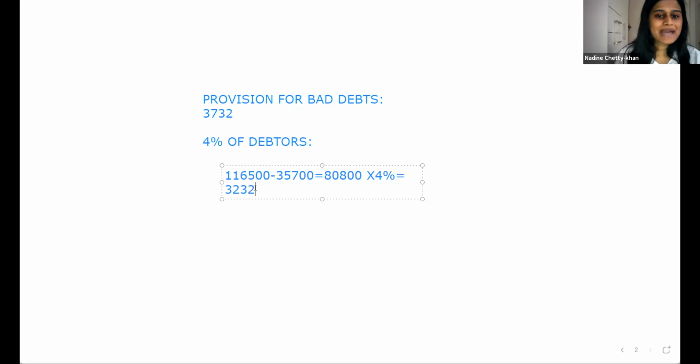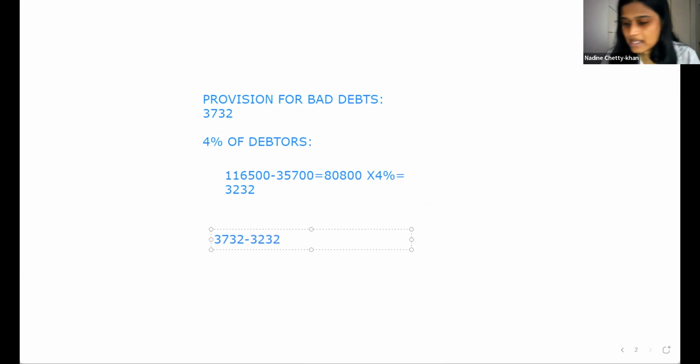So our provision for bad debts balance must be 3,232, but currently it's 3,732. So it must be reduced to 3,232. And that's a 500 reduction.